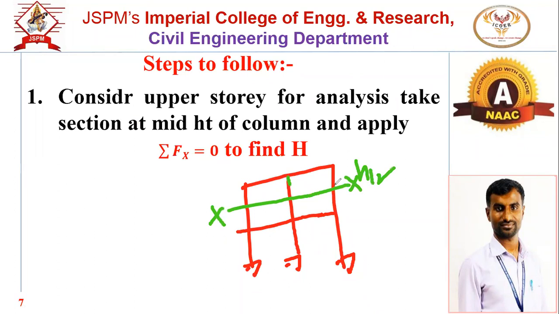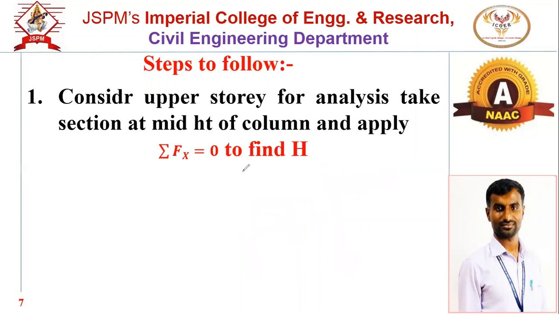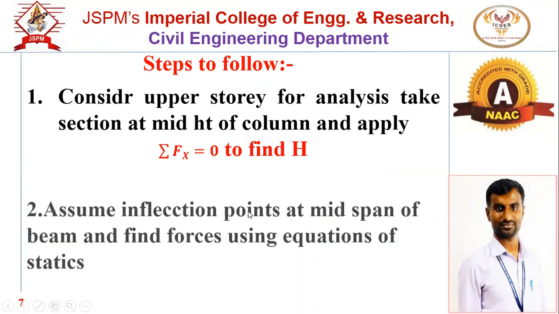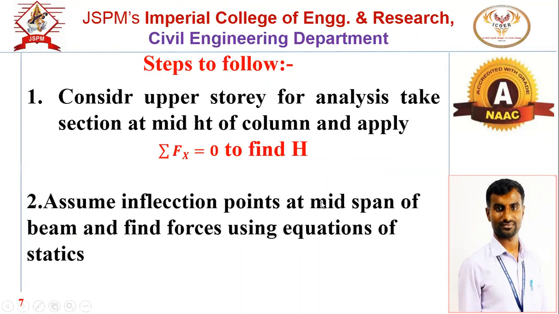Okay. So if I take the section at mid height of the column, from the third assumption we know that horizontal shear of interior column will be twice that of the exterior one. Then we have to use summation Fx equal to 0 to get the value of h. काय करायचं बघा, take the section at mid height for the upper story, or we can say top story, find out the h, then assume inflection point at mid span of beam and find out the forces.